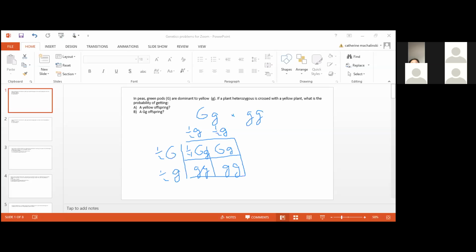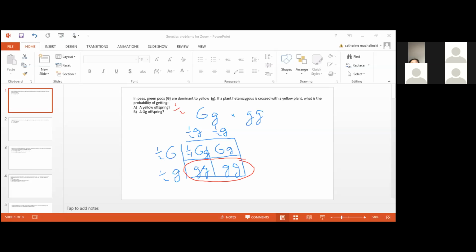So if we look at this, part A asks for a yellow offspring. So the ones that are yellow are these ones. So that's 2 out of 4, which is a half.